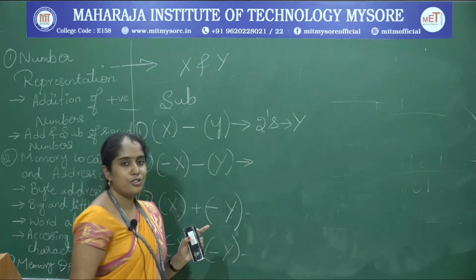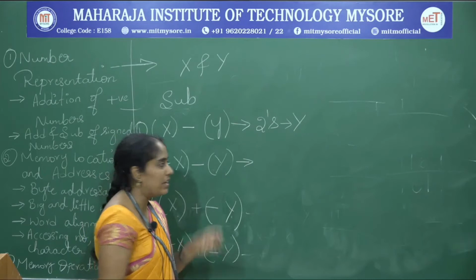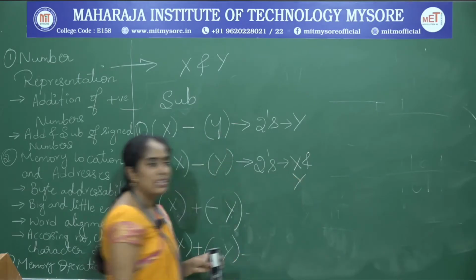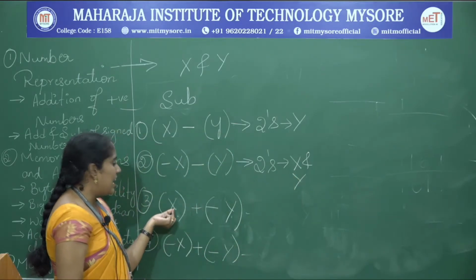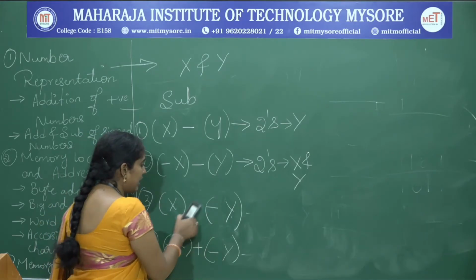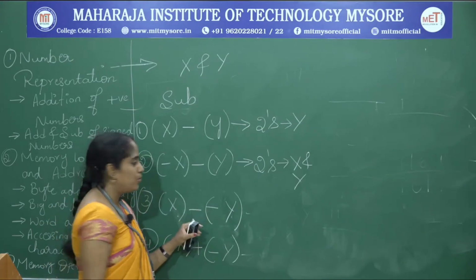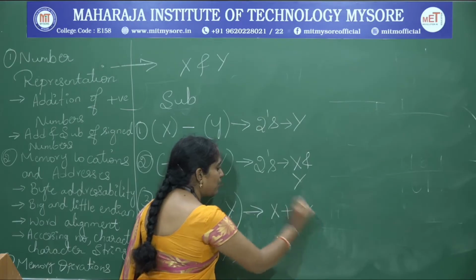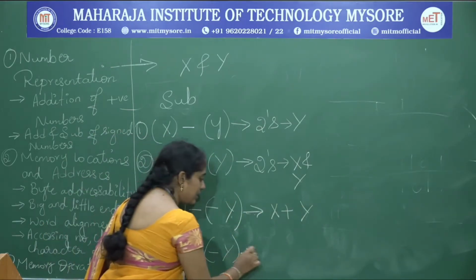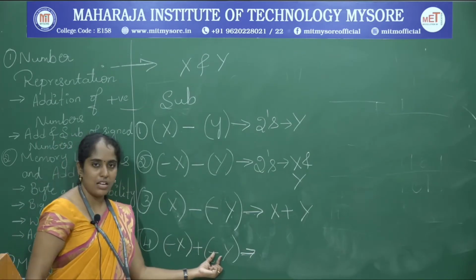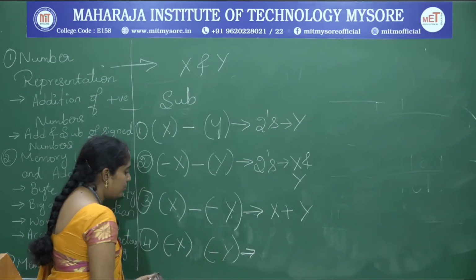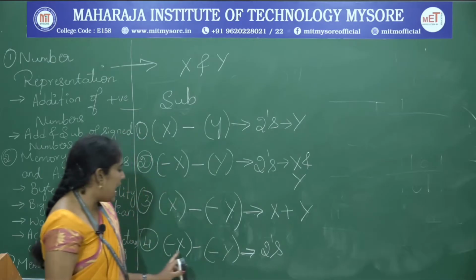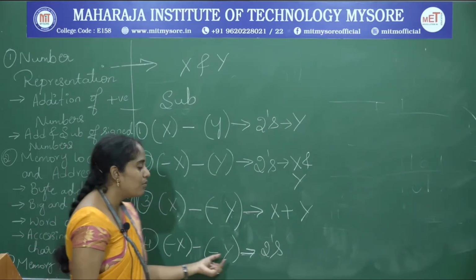Here you need to take the 2's complement of both numbers, both x and y. Again, if x is positive but y is negative, then you need to subtract these two. Here no need to worry, directly you can do x plus y, right. Next is, if both x and y are negative, you need to subtract these two numbers. In this case, take the 2's complement of x and add both x and y values.